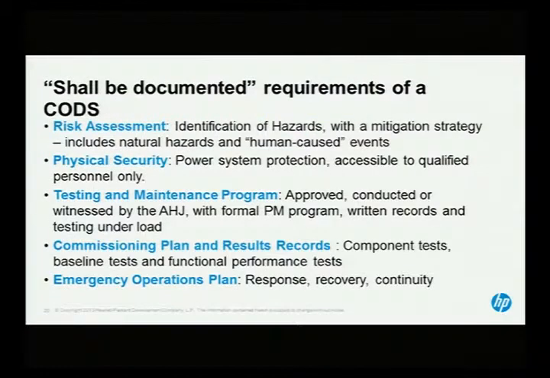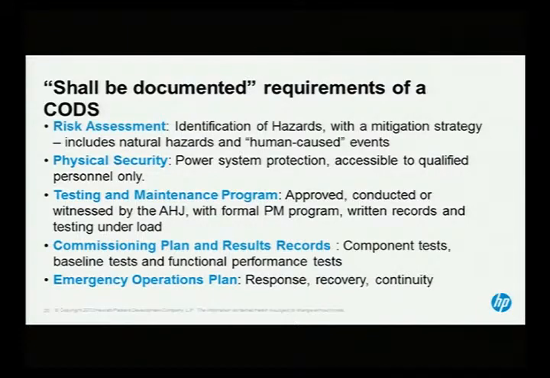Now, if you're going to be a CODS, there are certain things that are going to be required of you. First of all, documentation. You have to talk in terms of risk assessment, and that's not only from outside risks, it's also from the risk of the people inside the data center. Physical security has to be documented.